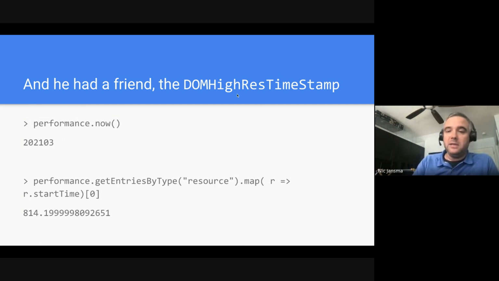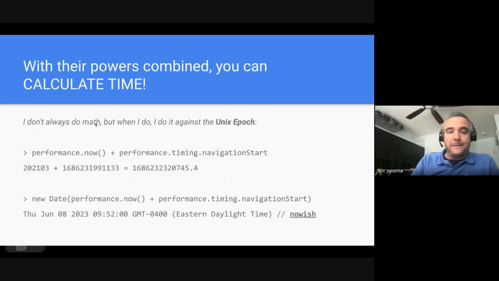You can also get these DOMHighResTimeStamps from any of the performance entries, of course. startTime and all of the other attributes of performance entries are DOMHighResTimeStamps. So with their powers combined, you can take a DOMHighResTimeStamp and add it to something like timing.navigationStart or performance.timeOrigin theoretically, and you essentially get the current epoch.